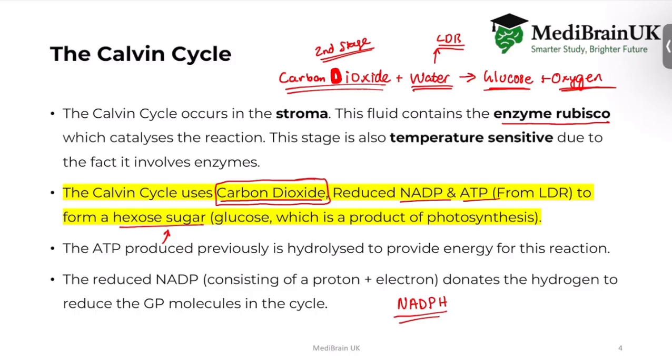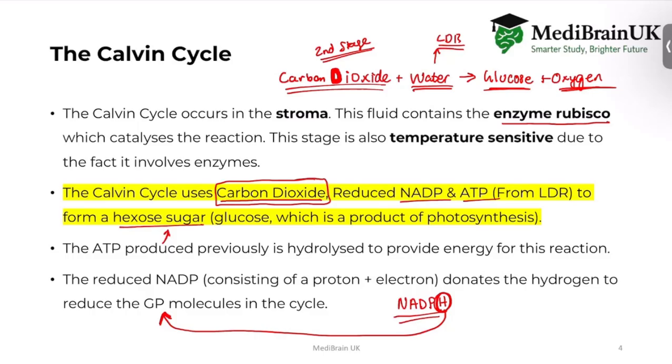And because this NADPH has a hydrogen, that's what makes it useful. It can reduce other things, it can break other things apart. So this hydrogen is then donated to this GP molecule, and then that GP molecule is broken apart. Okay, so that's what's happened.